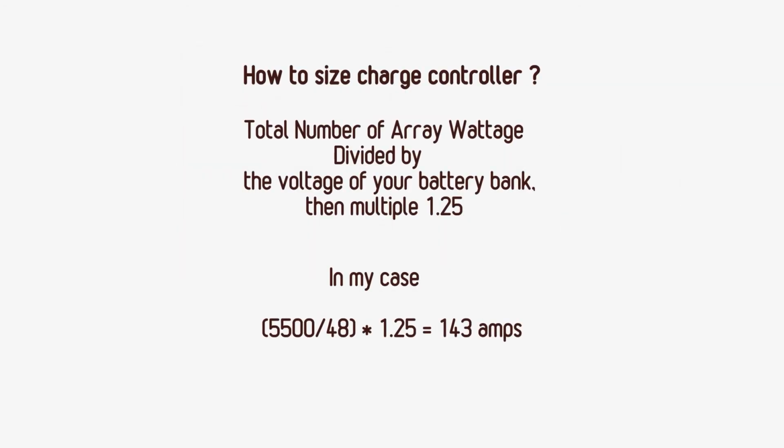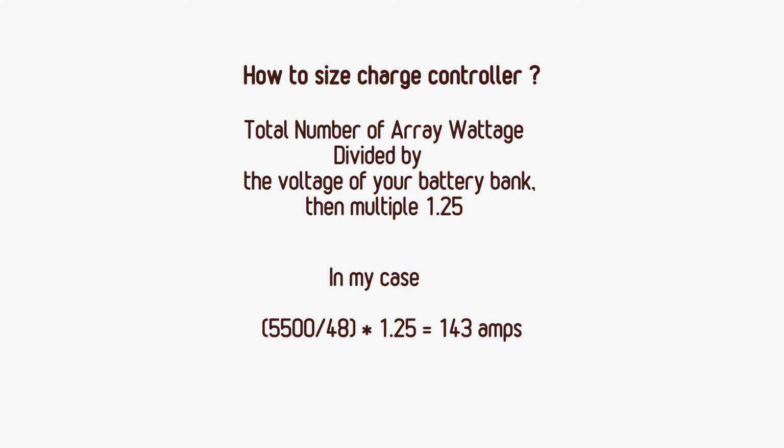So if I get two 80 amp charge controllers and put them in parallel, they could handle 160 amps. That should be more than enough for what my batteries can handle. And again, I'm doing that to minimize my blast radius.